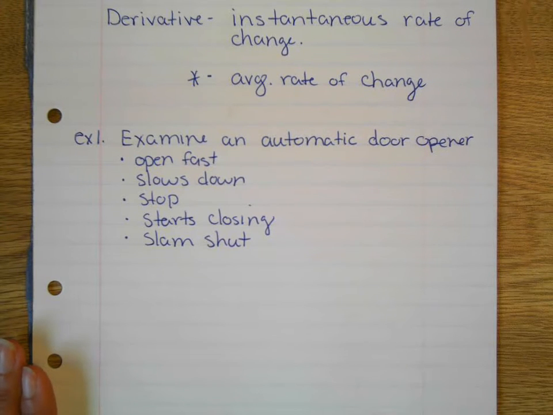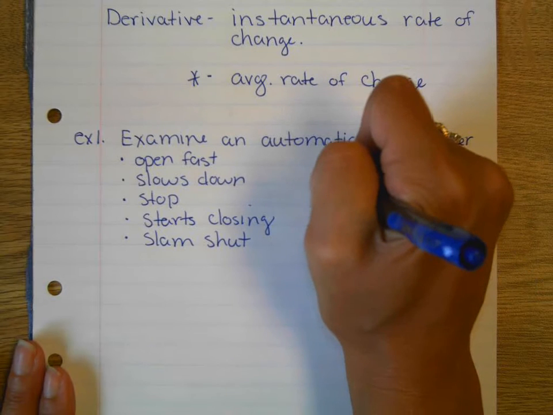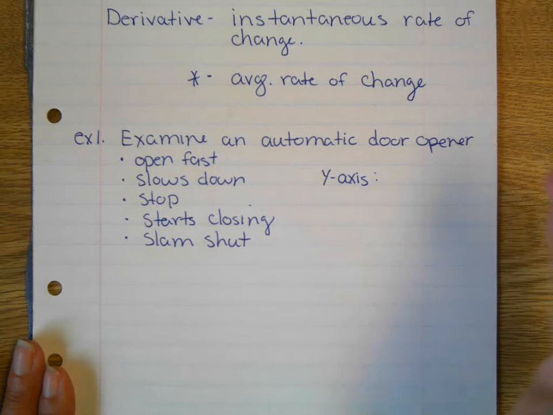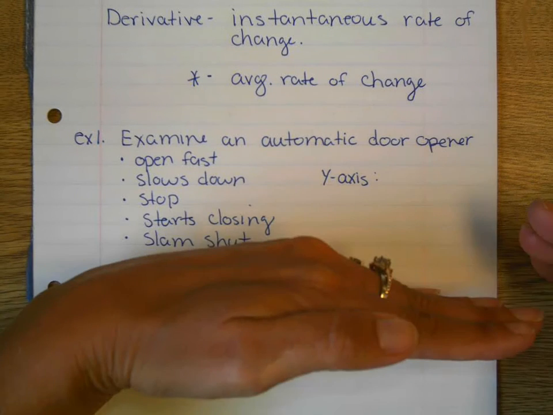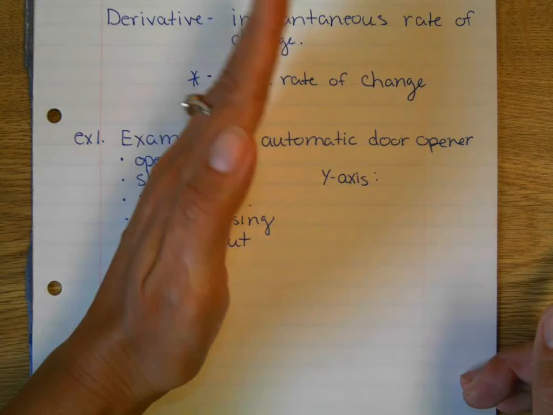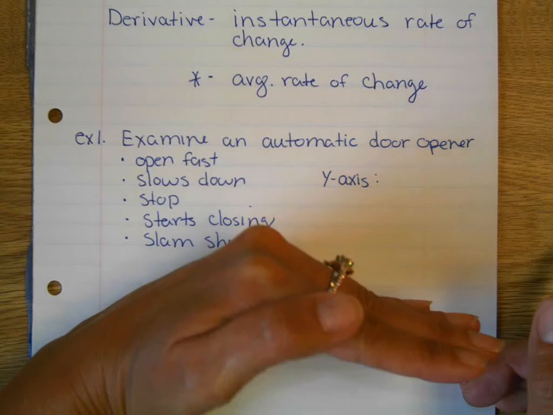So for our two variables, we're going to let the y-axis, the dependent variable, tell us the degree of the opening. If the door is completely closed, its opening is 0 degrees, then 45 degrees, 90 degrees, and if it has room, it may go back to maybe 120 degrees before it starts shutting again.